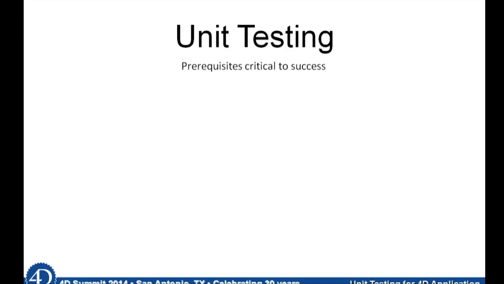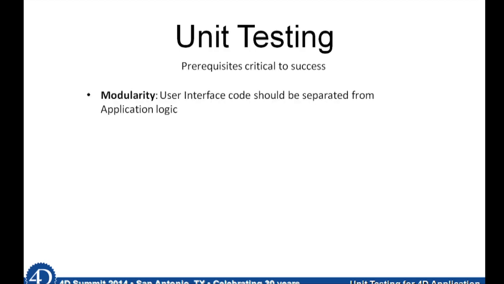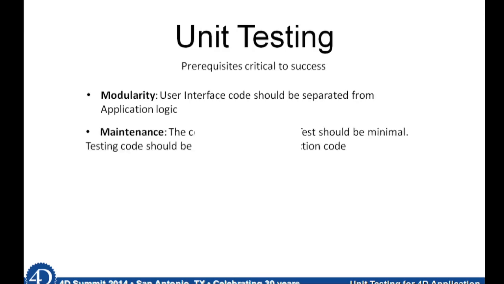So what's critical to success when you want to put in place a unit testing strategy? First of all, modularity. You need to separate UI from business logic, like I said earlier. You need to be able to maintain your unit tests at a pretty low cost, because unit tests are very useful to detect regressions.